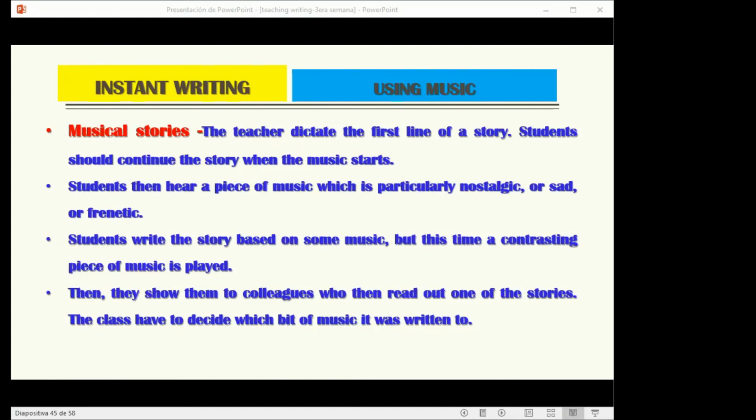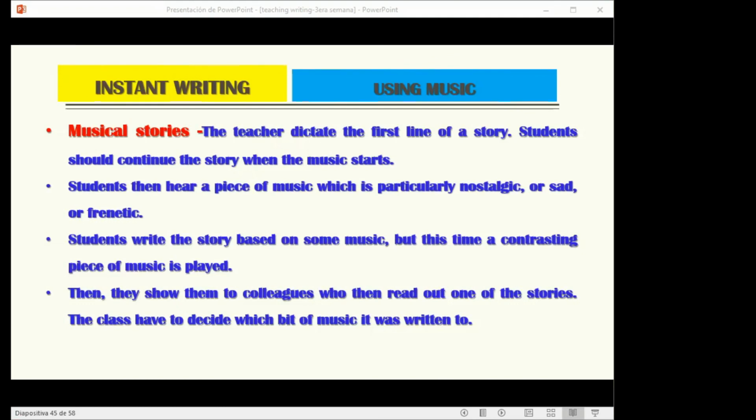This is very important. So we have two things that we could do to develop this writing habit, the instant writing and the collaborative writing. So next week, next session, we are going to talk about the collaborative writing. So today we stop here in the instant writing.